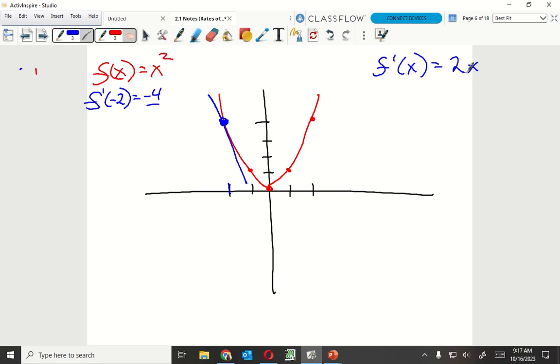So if I look at +1 on the graph and draw a tangent that touches it at one point right there, I know that my slope has to be positive, reading from left to right, my slope is going up. So f prime of 1 would give me 2. So the slope of the tangent line touching it at the point 1 is going to be 2. Does that make better sense, or is that nonsense? Hopefully a little bit better.